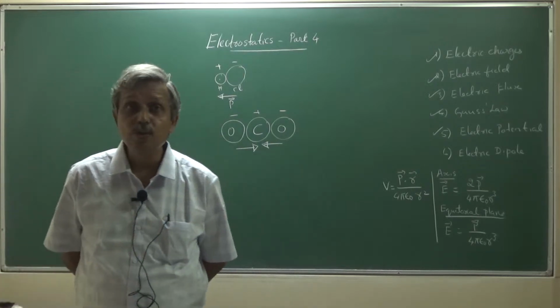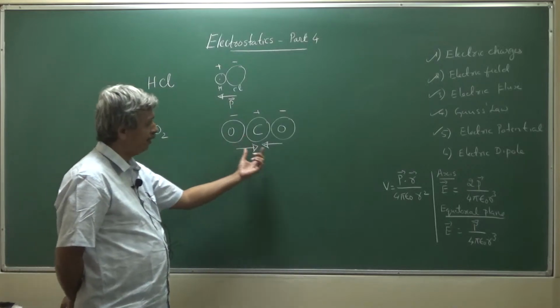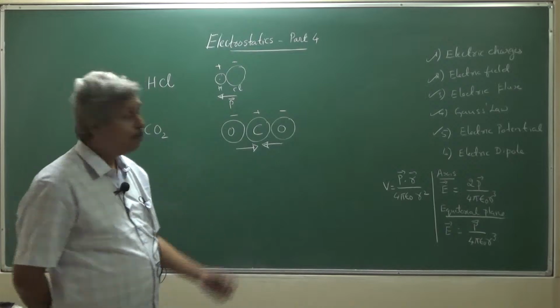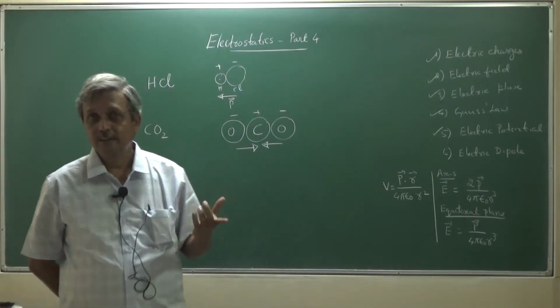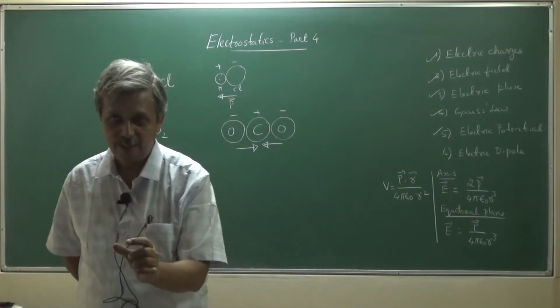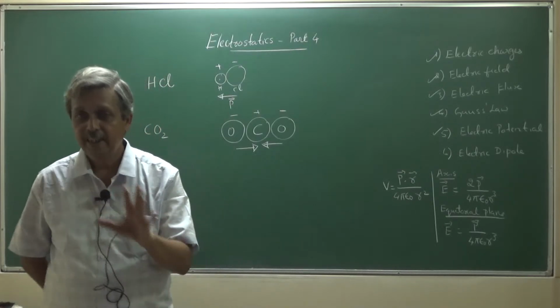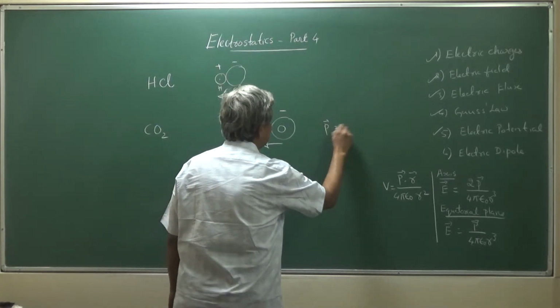So, there are two dipoles. There is one dipole here between O and C, and one more dipole here between O and C. These dipoles are exactly equal in magnitude and exactly opposite in direction. Hence, they cancel and the dipole moment for this is 0.